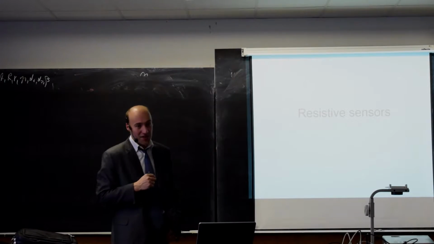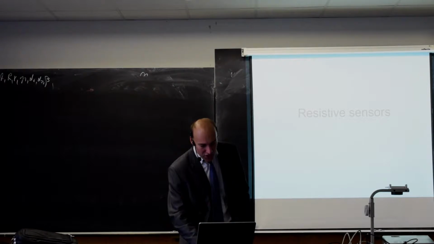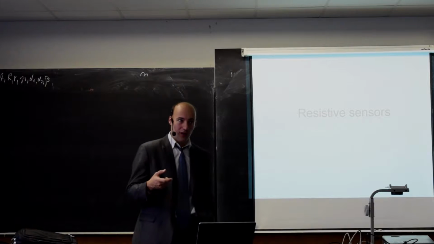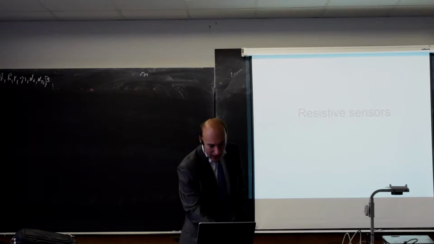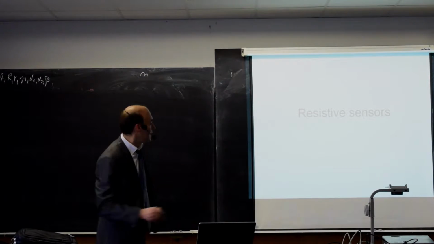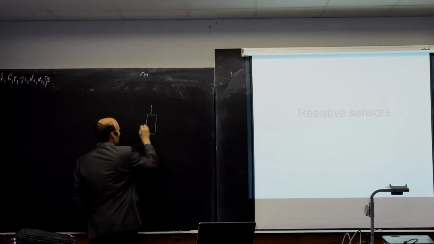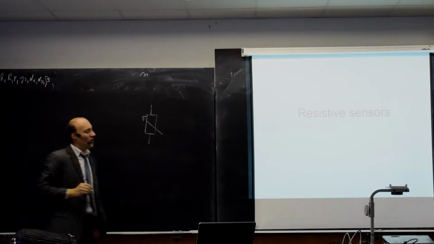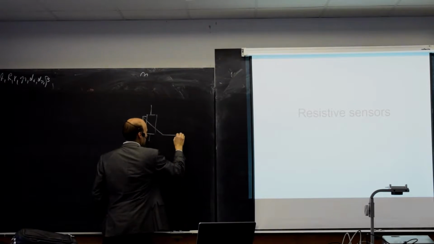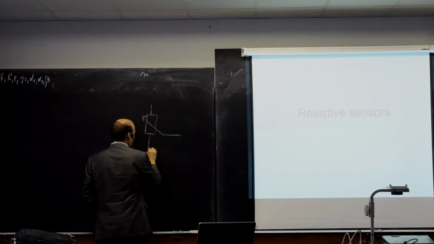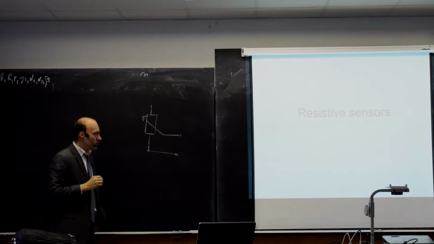So resistive sensors work by changing the resistivity of a variable resistor, typically. The sensor itself will look like this. It will be a variable resistor, and we will have 3 terminals on this variable resistor, and we will read the output voltage that is between the movable part, the slider, and one of the fixed terminals.